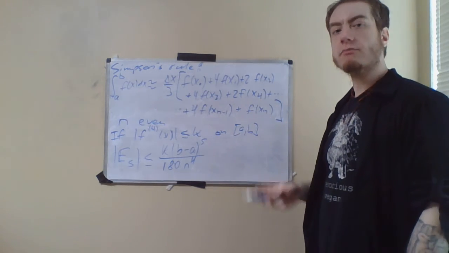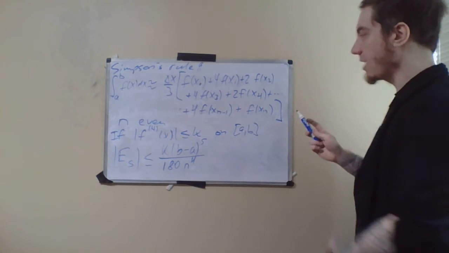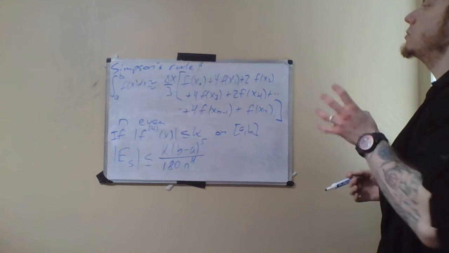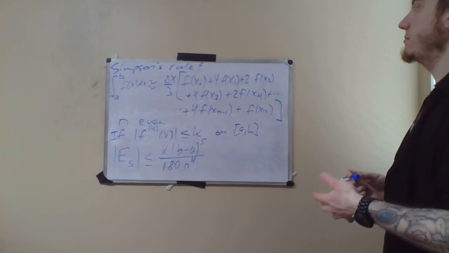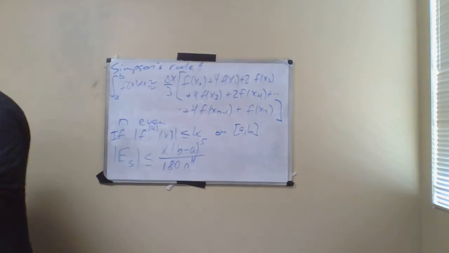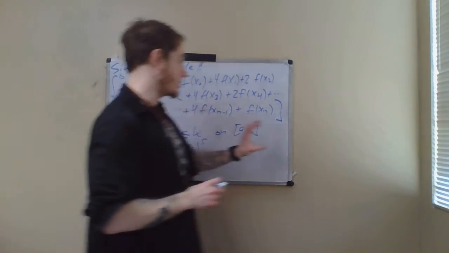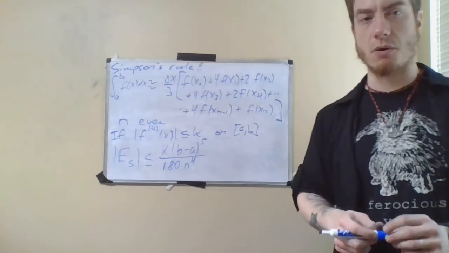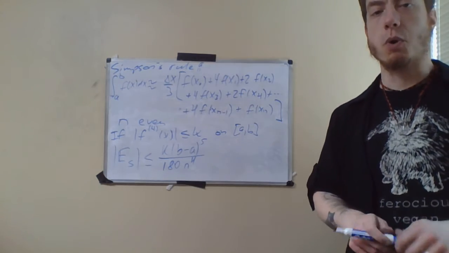For this reason, a lot of computer algebra systems, when they do definite integrals by approximation, are actually using Simpson's rule. Now, again, the details of this derivation I'm not going to go into here because I don't think that they're really enlightening enough to worry about too much.